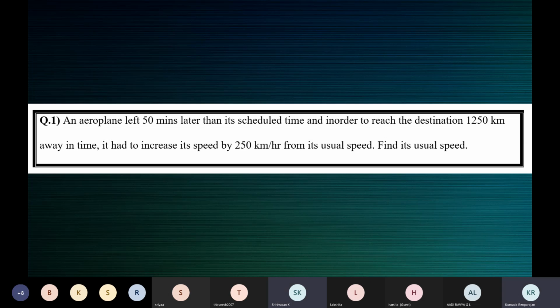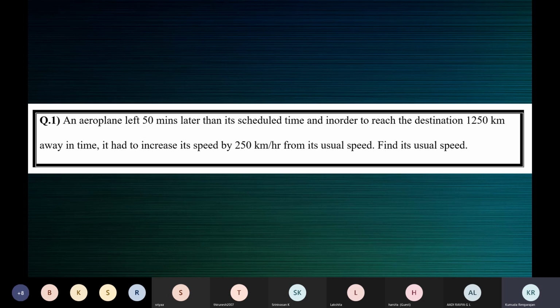In case 1, more time, because compared to case 2, the usual speed is less than the new speed. So when speed is less, the time taken is more. Speed and time are inversely proportional. Less speed, more time taken. So the time taken in case 1 is more than the time taken in case 2.